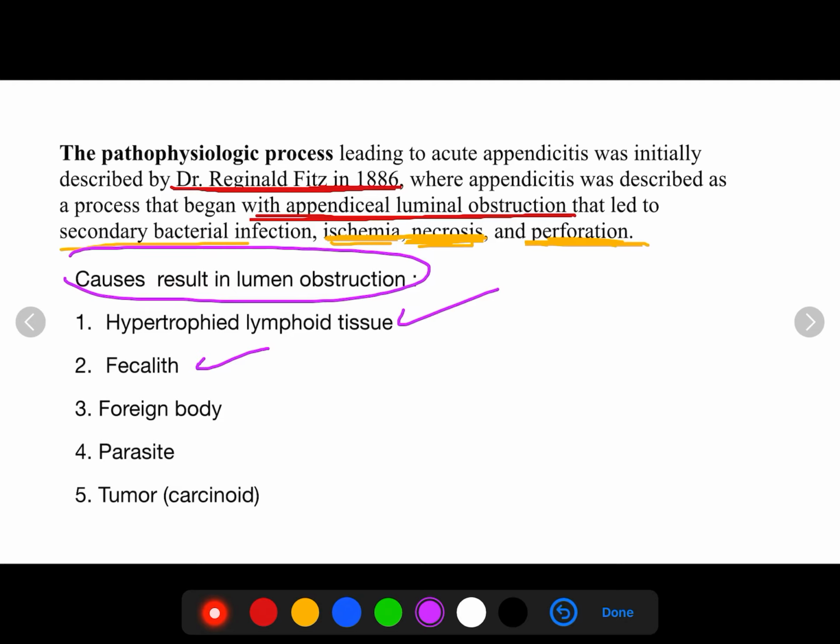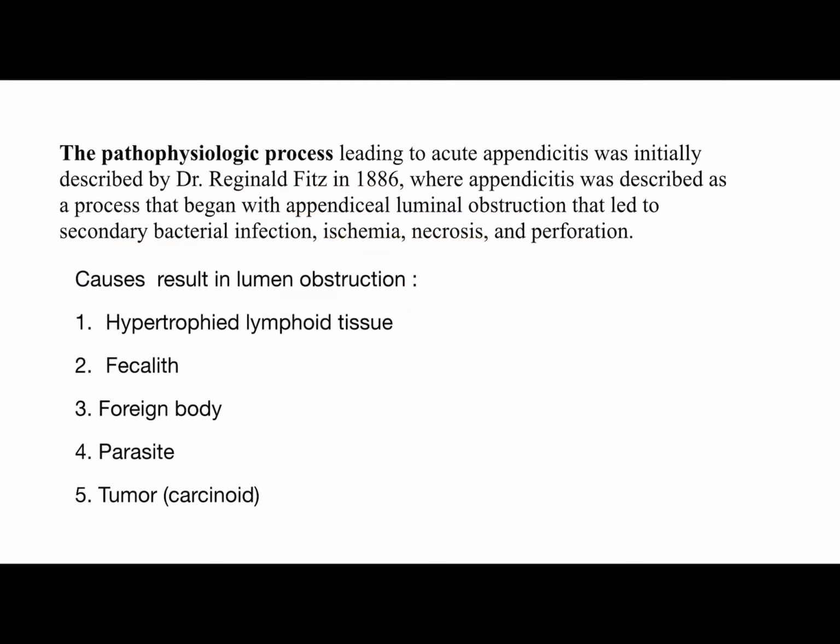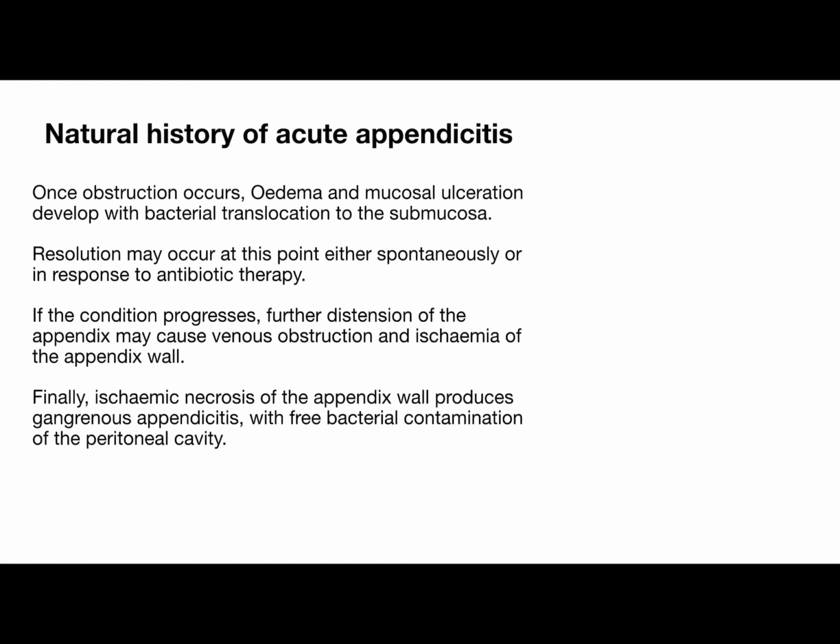Foreign body وparasites. وأخير شيء هو التيومرز مثل الcarcinoid tumor. So these are the most common causes of luminal obstruction. وقلنا احنا pathophysiology of acute appendicitis هو الobstruction يصير باللومن. هسه عندنا احنا صار acute appendicitis.